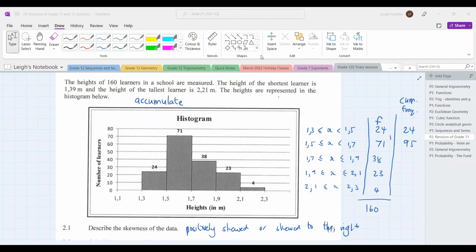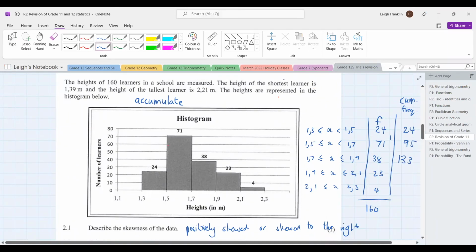Okay, same thing with the next one. We're going to add the 38 to the 95. So now we know that there are 133 people in this survey who are 1.9 meters or less.